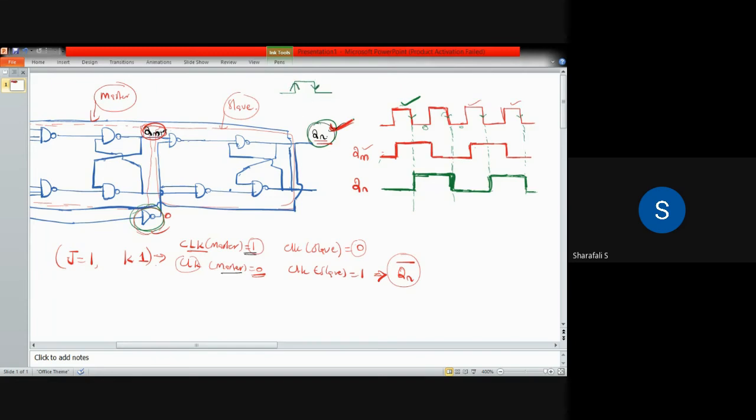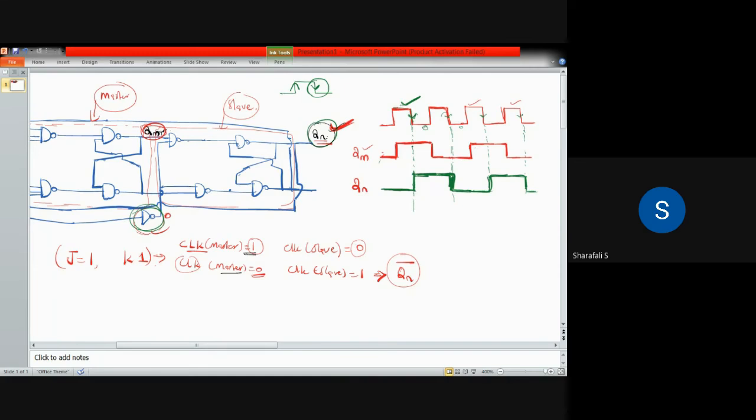So when you are considering the master slave JK flip flop, at this negative edge of your clock pulse, it is changing its state, or it is toggling. So we can say that the master slave flip flop toggles at this negative edge of your clock pulse. So this is called negative triggering or inverted triggering.